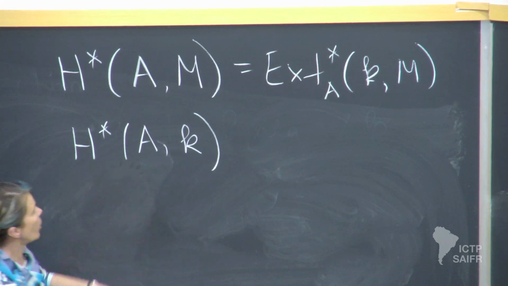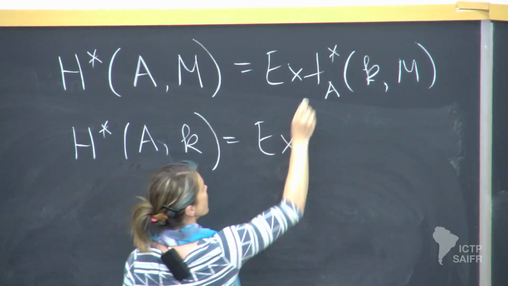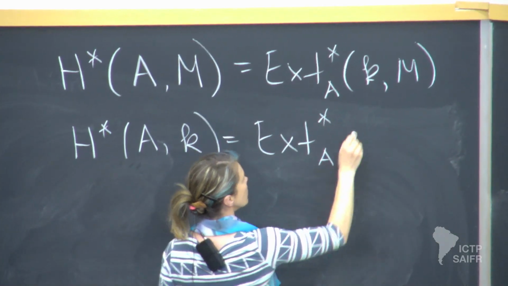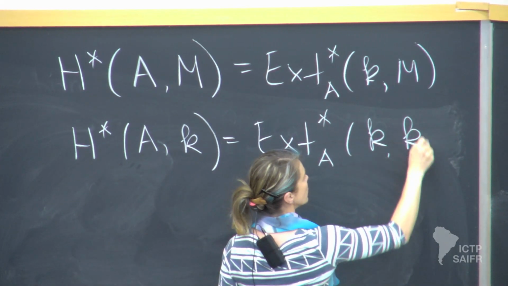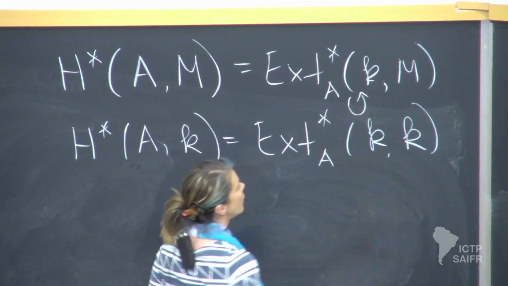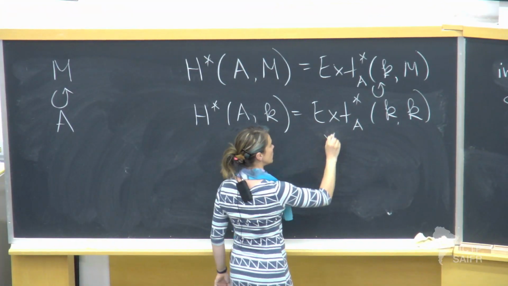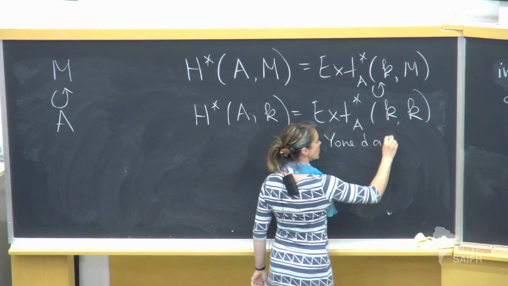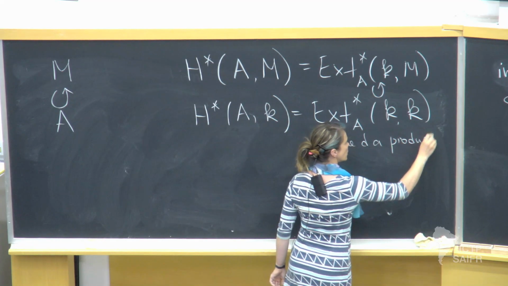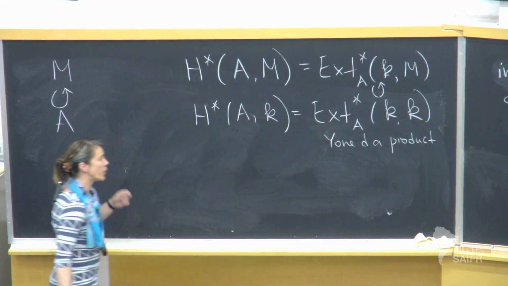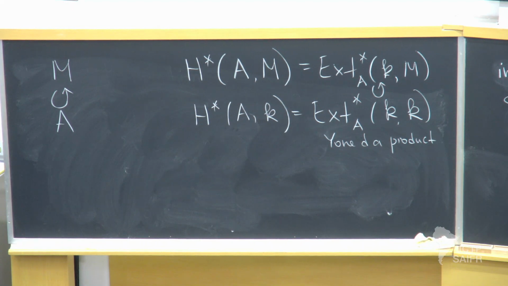And this cohomology acts on that. And there are various ways of thinking about this action. One is Yoneda product. But I'll write down how to think about it explicitly just in terms of composing maps in a minute.